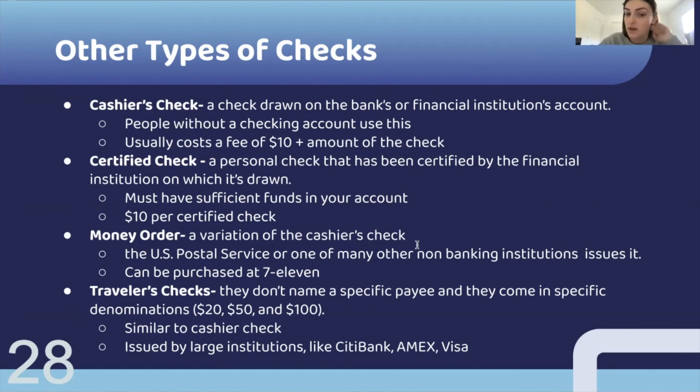It's similar to a cashier's check, and it's usually issued by a large financial institution such as Citibank, Amex, Visa, etc. An advantage of a traveler's check is that they're accepted almost anywhere in the world because they are viewed as riskless checks. Also, if they're lost or stolen, they're generally replaced quickly without charge.